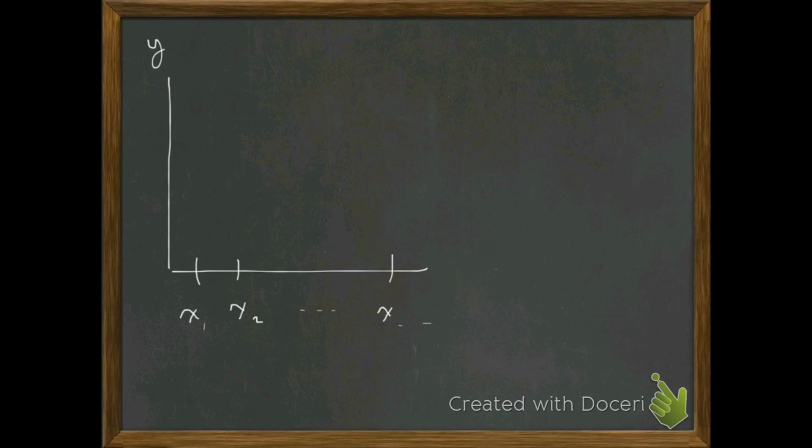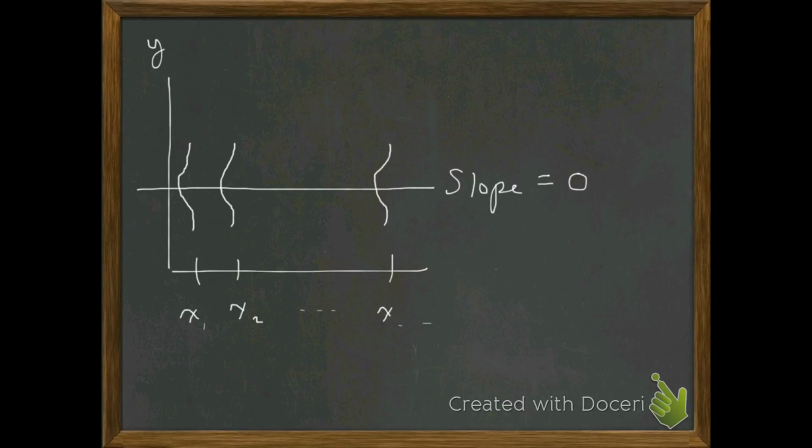And so we're assuming, unless we can get information from our data to indicate otherwise, that our mean values of y lie on a horizontal line.